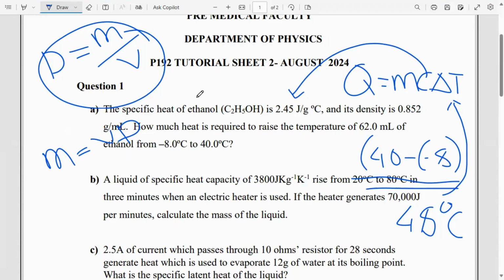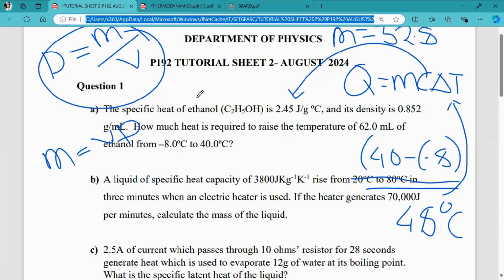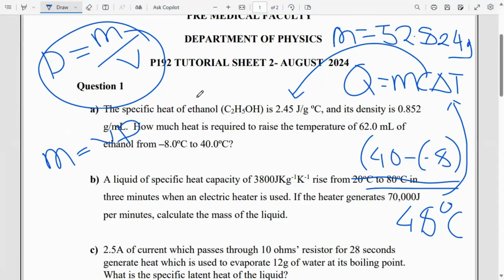So the mass of our ethanol is equal to 52.824 grams. Okay, so that is going to be our mass of the ethanol.